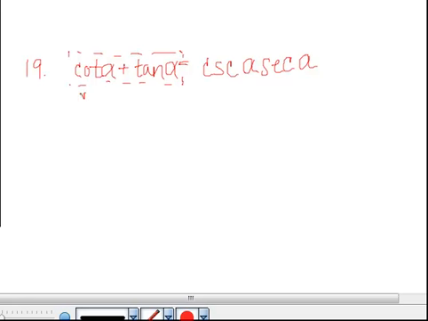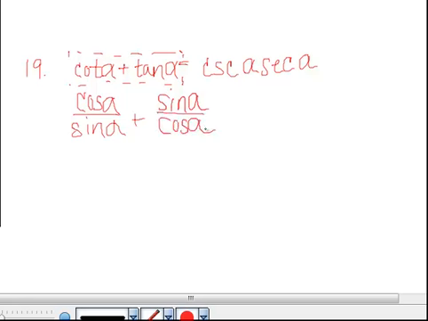Cotangent is going to be cosine of alpha over sine of alpha plus, and then tangent is going to be sine of alpha over cosine of alpha. So once again, I'm going to leave this alone. I'm just going to rewrite this until I match it, and that right there was the quotient identity.